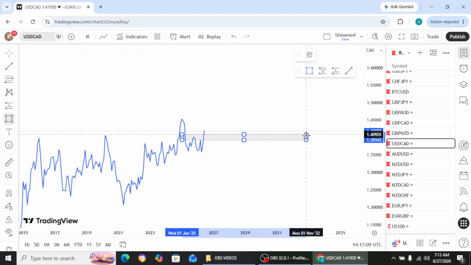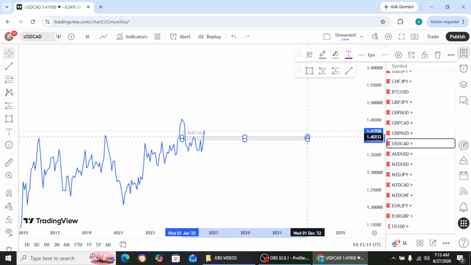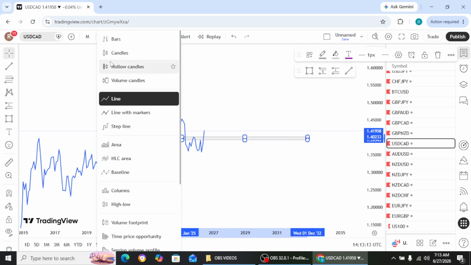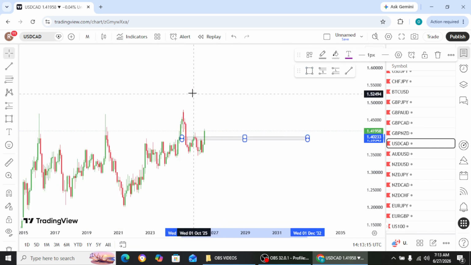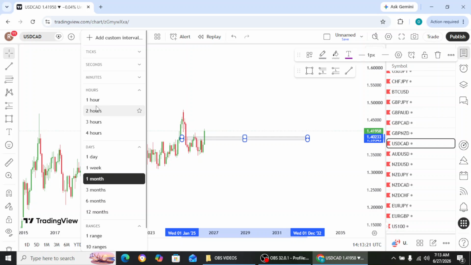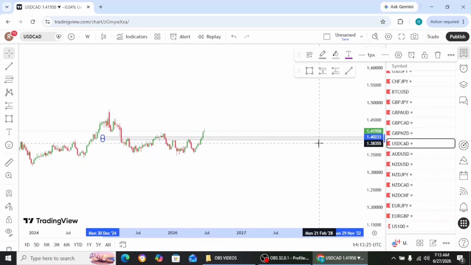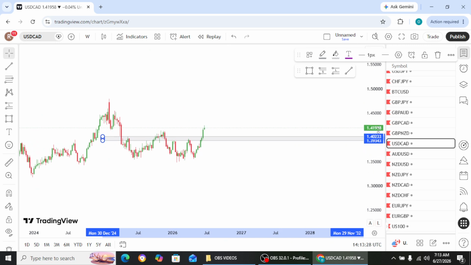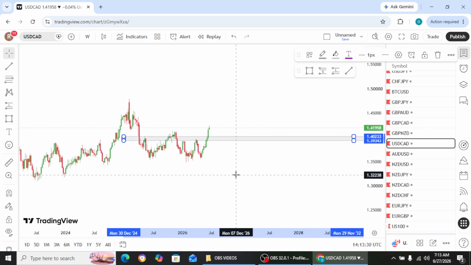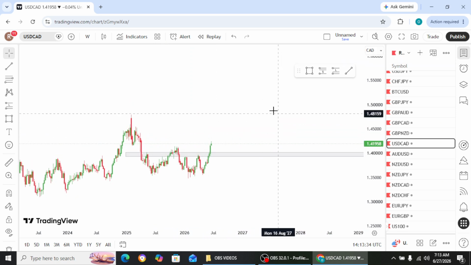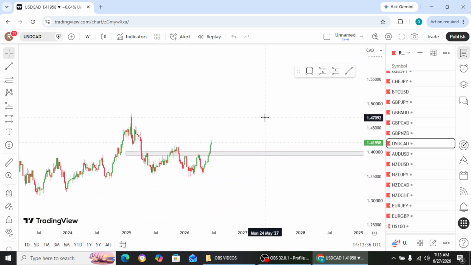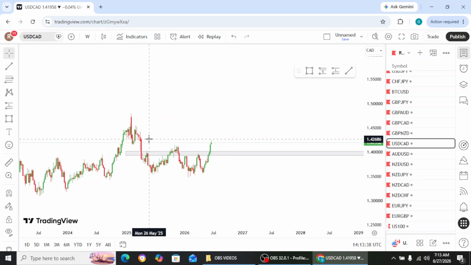You can see a break of structure from the monthly time frame. And if you go down to the weekly time frame, you can see the market has broken out from this level. So now, what should I be expecting to trade for this week when the market opens?